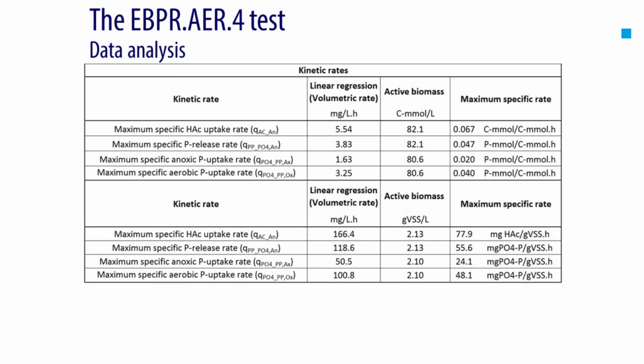The slopes of the linear regressions of the different profiles correspond to the maximum volumetric conversion rates. In this example, the rates are expressed in milligrams per litre per hour units. When these rates are divided by the active biomass concentration, then the maximum specific rates can be determined.